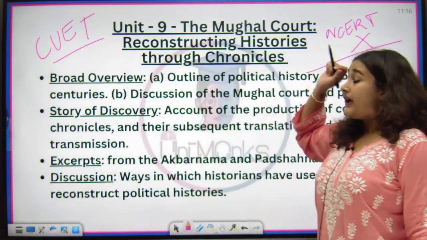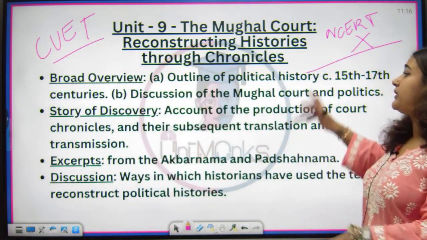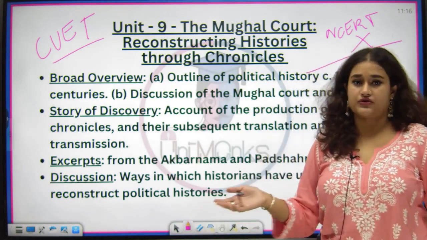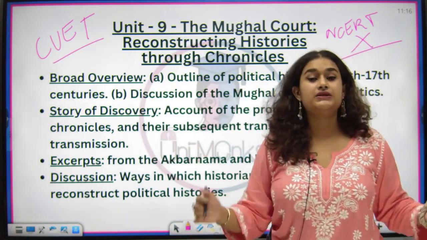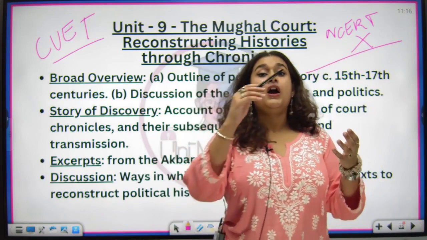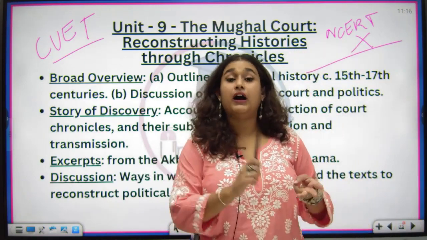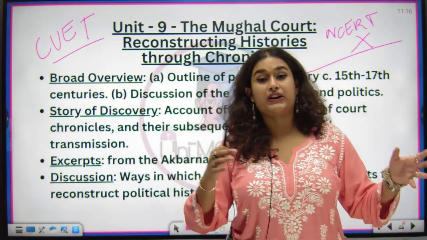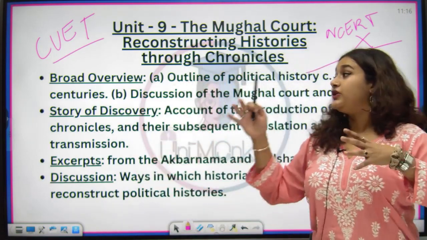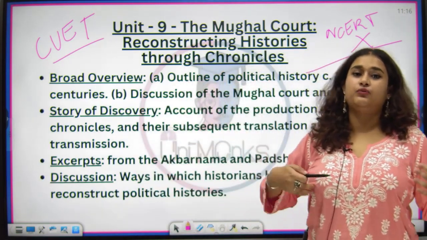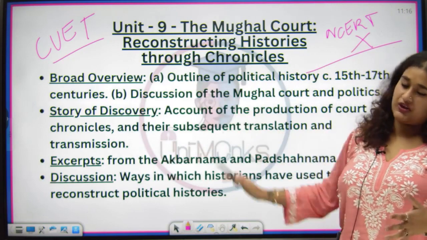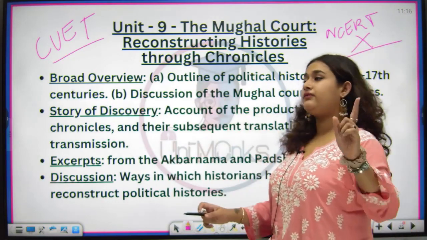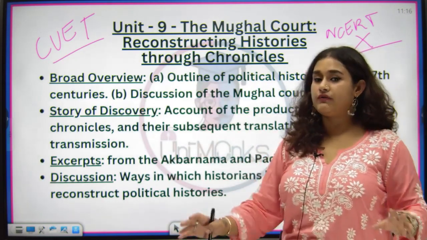Now, in this unit, first of all, what are these chronicles that we're talking about? The chronicles are of the Mughal emperors: Babarnama, Akbarnama, Alamgirnama, all of those. Using those sources, we will understand what was going on in this chapter. So, a broad overview about 2 things.